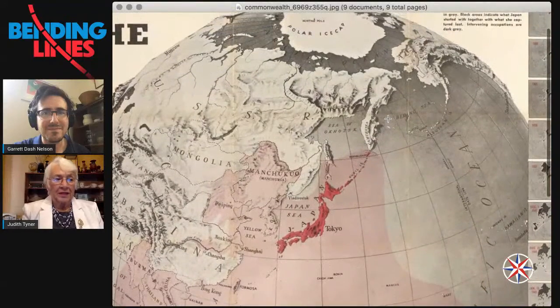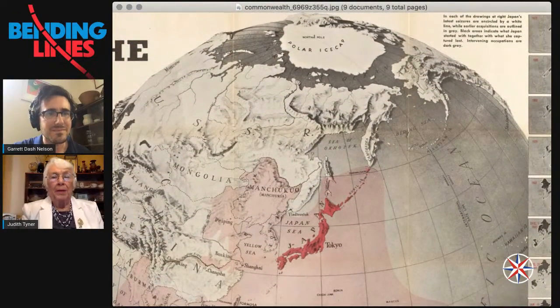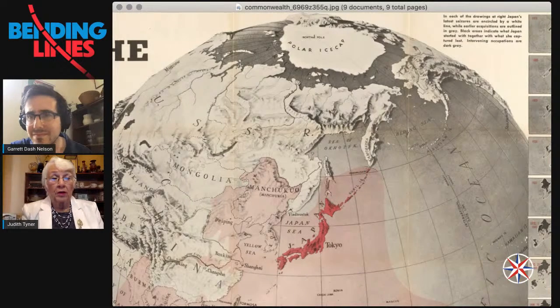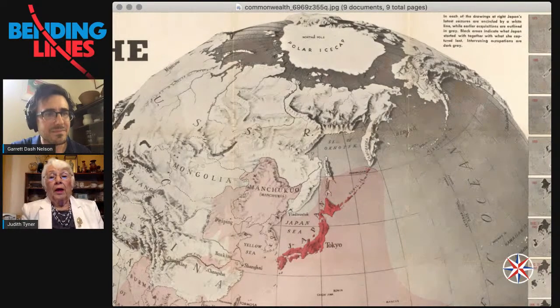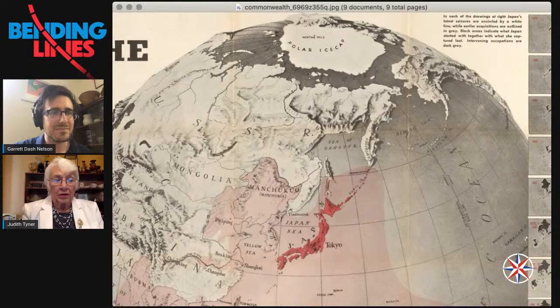I have an atlas that my parents had during World War II. And it has a map that shows the Pacific, and it's on a Mercator projection. And it's centered on North America. And so Japan on that map is on one side of the earth, and the United States is on another, and particularly Pearl Harbor is on another.